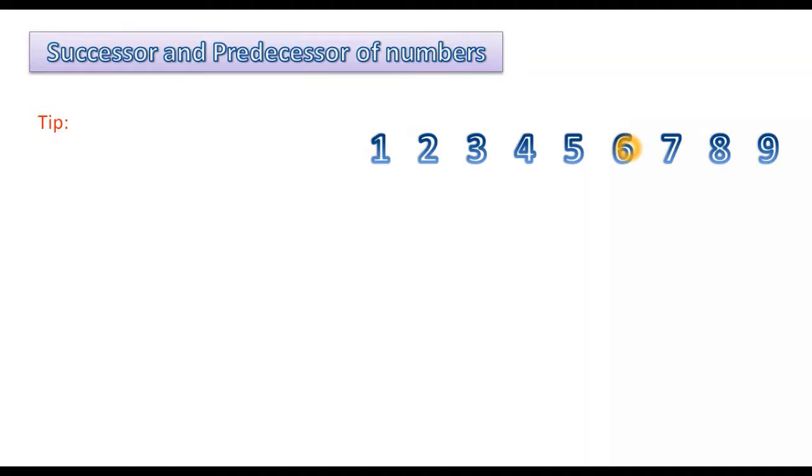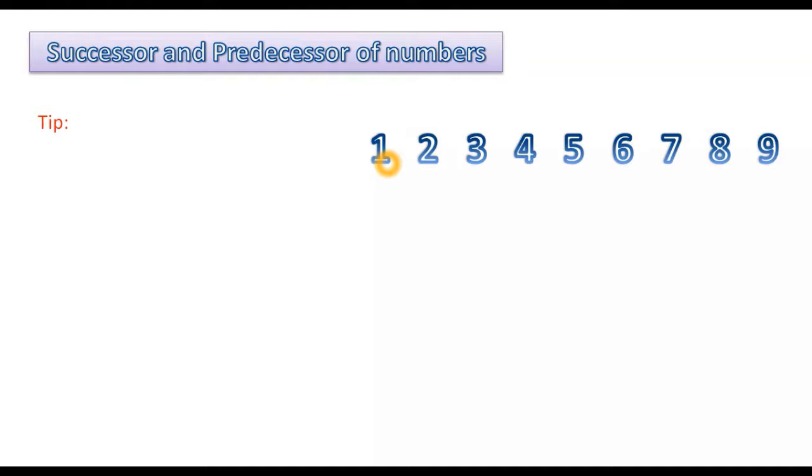Successor of 6 would be 7. Successor of 7 would be 8. Successor of 8 would be 9, right? Similarly, you can say that the predecessor of 5 is 4, the predecessor of 4 is 3, the predecessor of 3 is 2, the predecessor of 2 is 1, and so on.